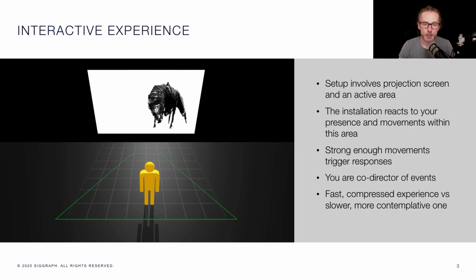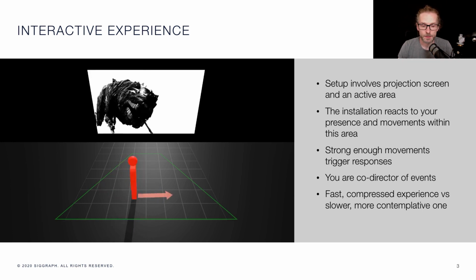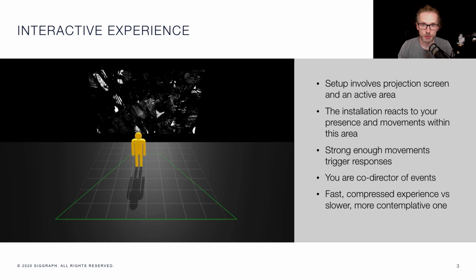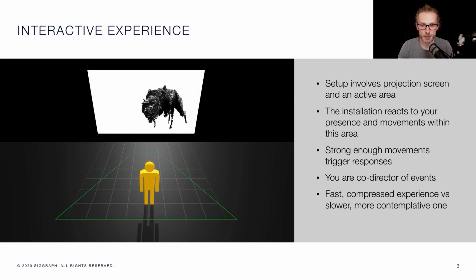As I already mentioned, Dog of Zone is an interactive projection. The installation setup involves a projection screen and an active area that on the drawing here you can see marked with the green outline. Now the installation reacts to your presence and movements within the designated area. Each strong enough movement is going to trigger a response. On the visualization here you can see that when the figure turns red, it means that you're moving fast enough to trigger a response.